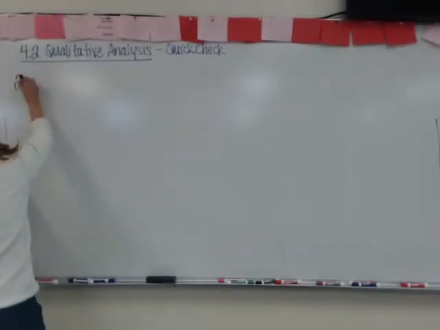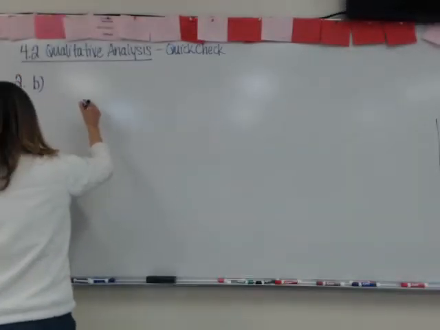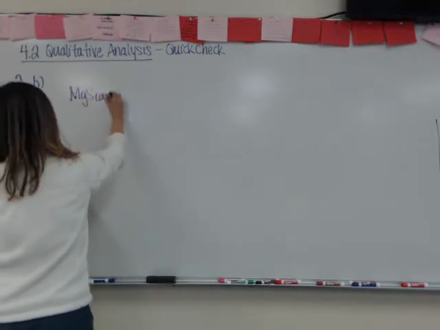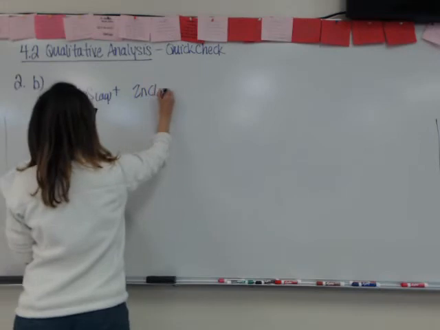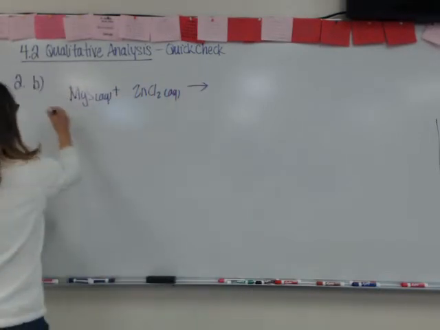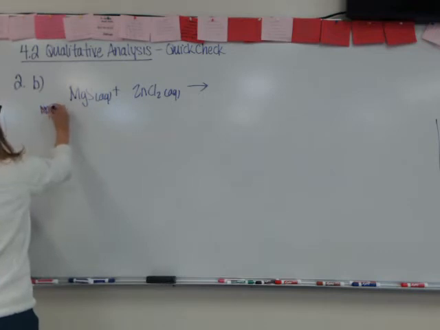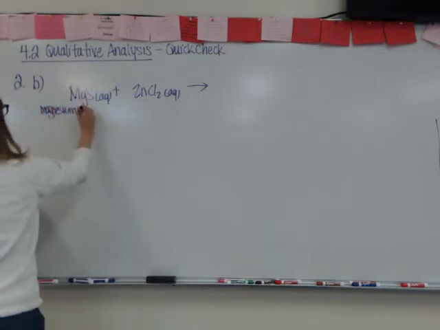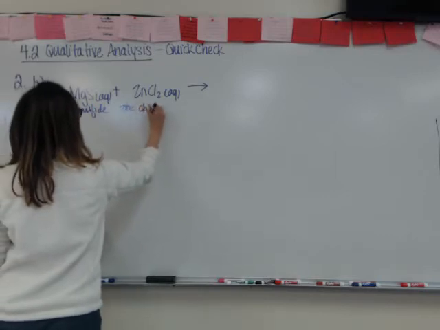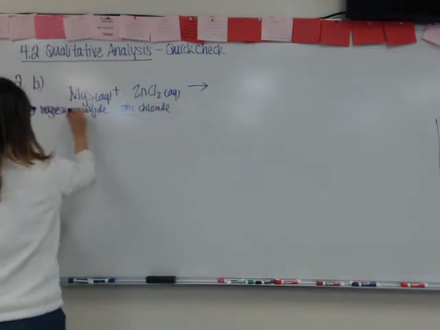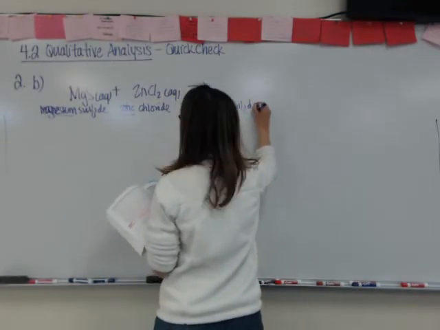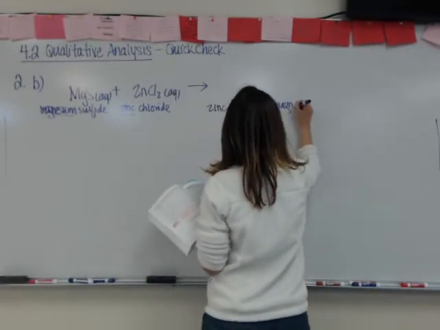So for 2B, we've got magnesium sulfide solution combining with a zinc chloride solution. The zinc and the magnesium are going to switch places. You're going to get zinc sulfide and magnesium chloride.